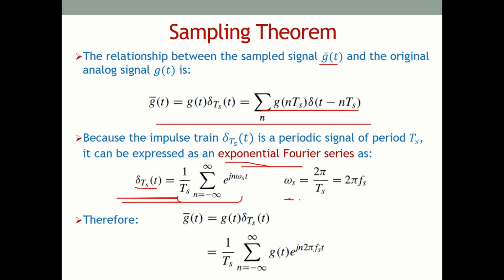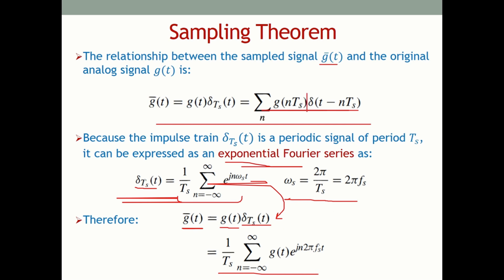Then we have omega s equal to 2 pi by Ts, or 2 pi f, the radian frequency. The sampled signal is equal to the original analog signal g(t) multiplied by the impulse train. When we substitute that over here, we get this expression.